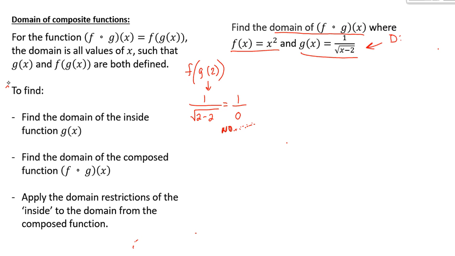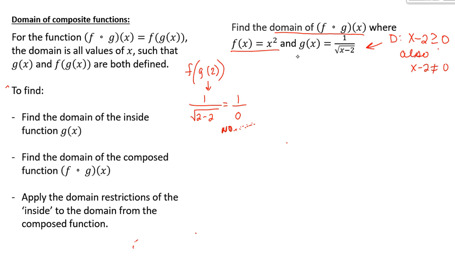So for g right here, your restrictions are that x minus 2 has to be greater than or equal to 0. That's the restriction for the root. But also, x minus 2 cannot equal 0. Do you see where they both come from? One of them is just the radical part.